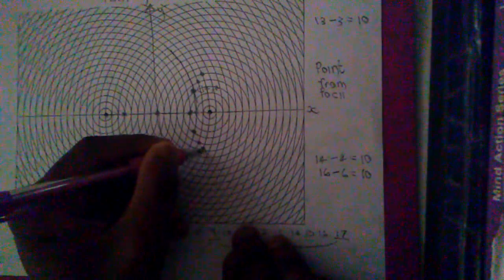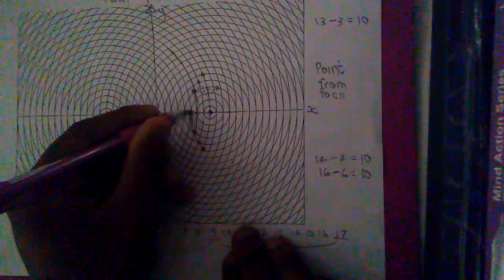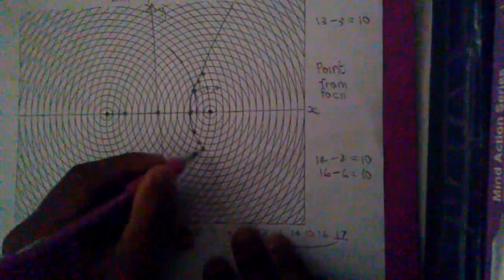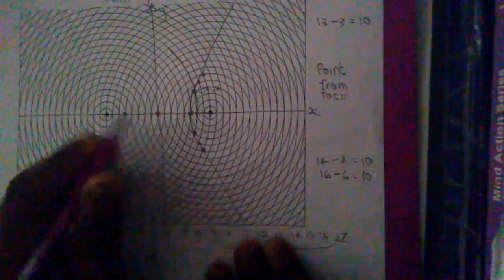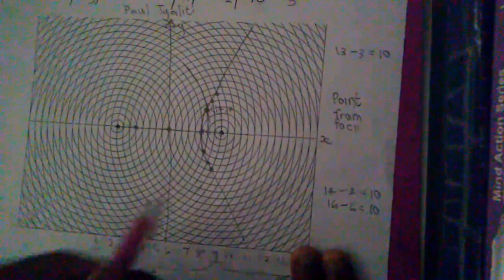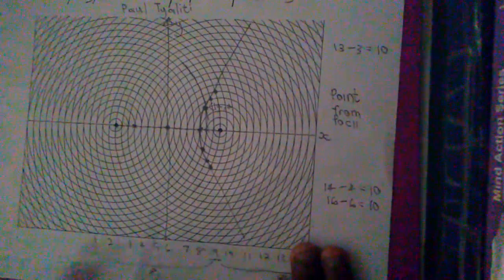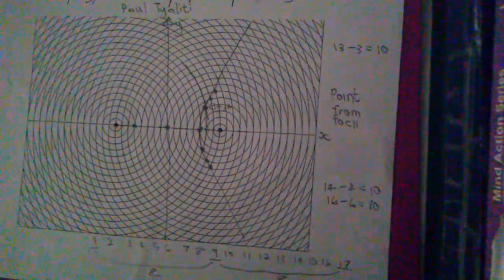And so if we join these points, what we will notice is that we get a branch of a hyperbola. So this is going to end up being the very first branch of our hyperbola.